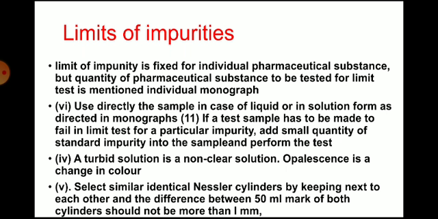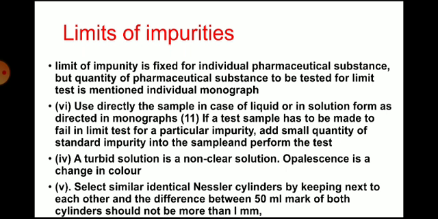If the test sample fails the limit test for a particular impurity, add a small quantity of standard impurity into the sample and perform the test; the solution becomes turbid, non-clear, with opalescence or change in color.